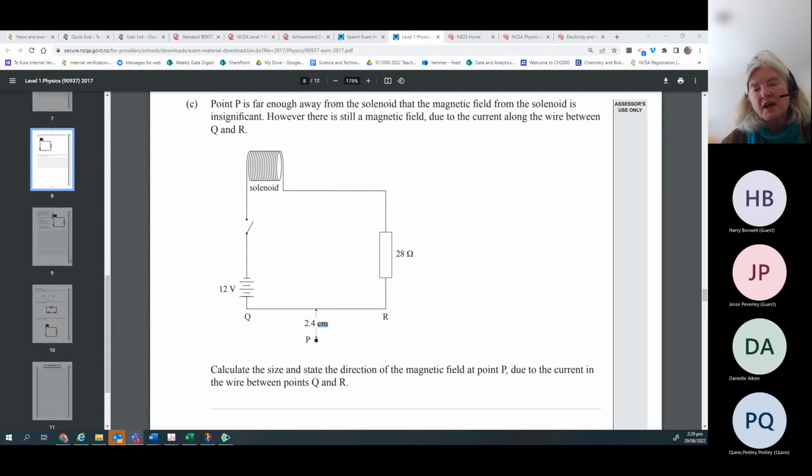Okay. I'm just using the web version from NZQA now, because I can't write on my other one, which is now stuffed. So here you've got to calculate a magnetic field, and you're given a distance in centimeters. So you need to convert centimeters to meters. This is where I find a lot of students go wrong, because they think, oh, it's easy enough to do in my head: to go from centimeters to meters, I divide by 100, and I'll just move the decimal point.